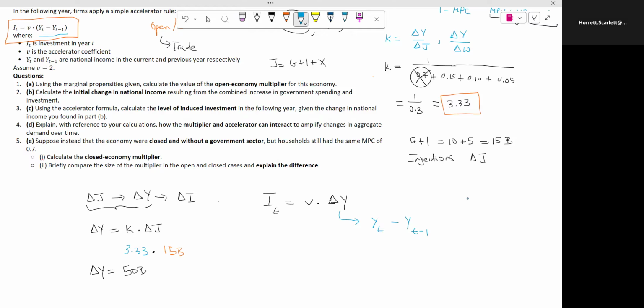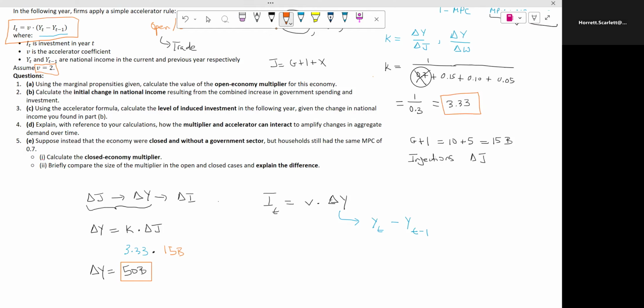Now, do we know what the change in Y is? Yes, we know what the change in Y is because we had computed it in our previous step. So the change in Y is $50 billion. Now, we are also given V. It is assumed in this example that V is 2.